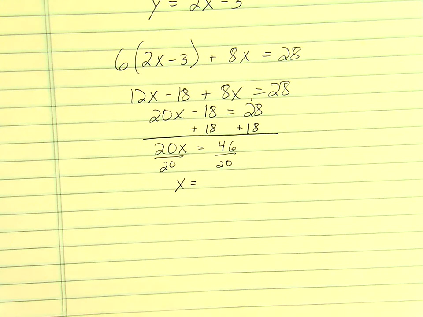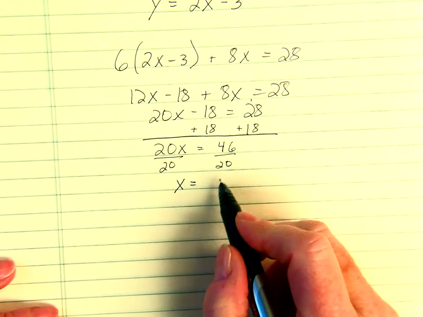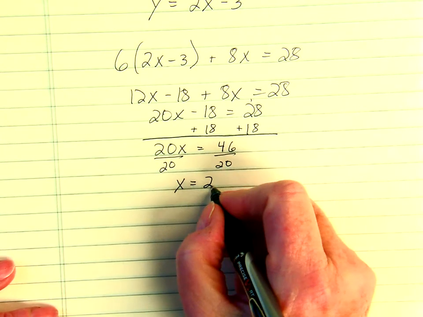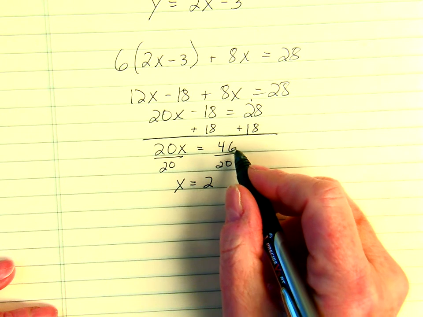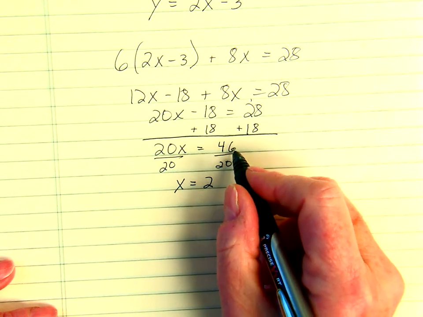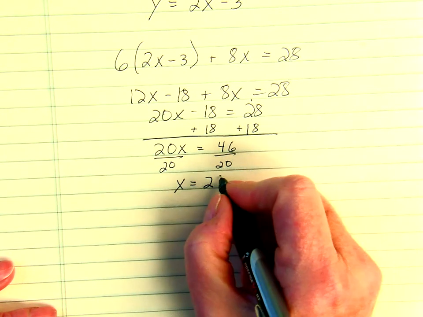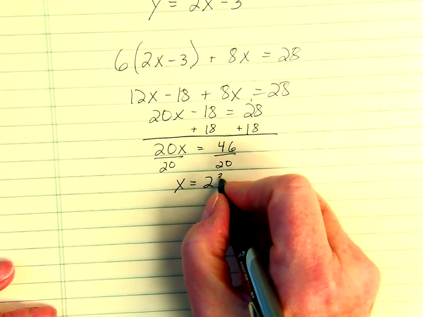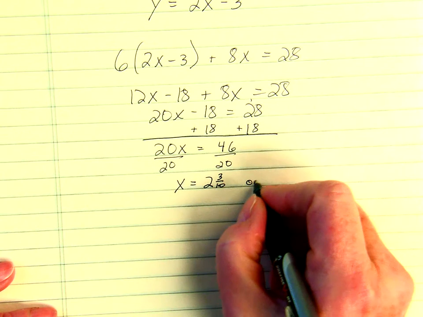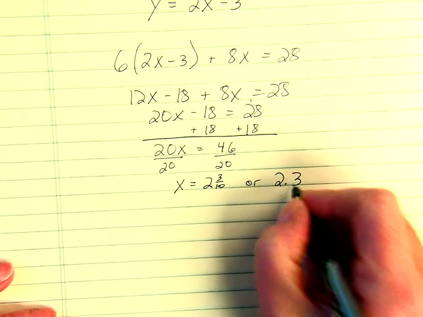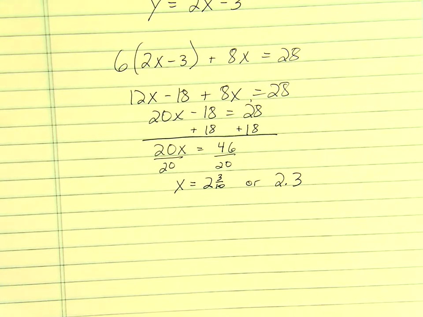I'm going to go the easiest way. 20 will go into 46 twice, with 6/20 left over, which is 3/10. So 2 and 3/10, or 2.3, is my x.